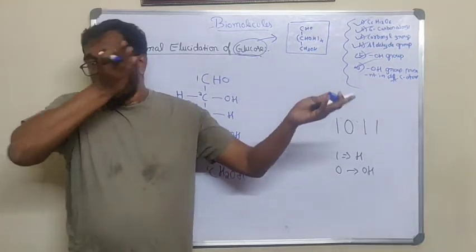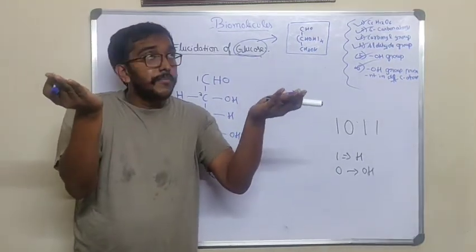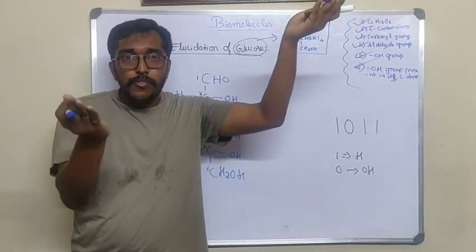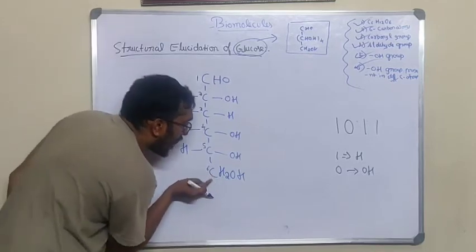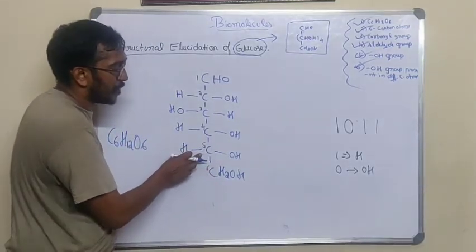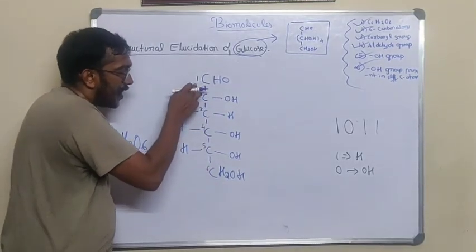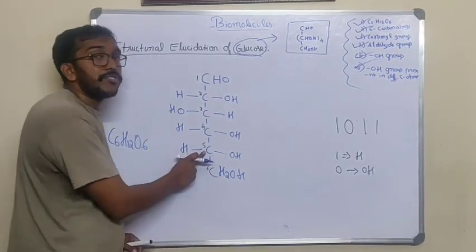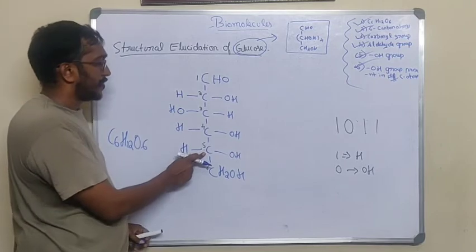Aldehyde and alcohol group: preference will be given to the aldehyde group, and the OH group will be the lower priority. So next carbon, we need to check whether it is a D sugar or L sugar.